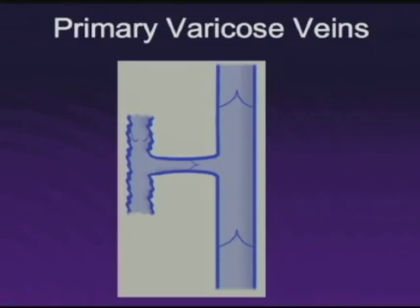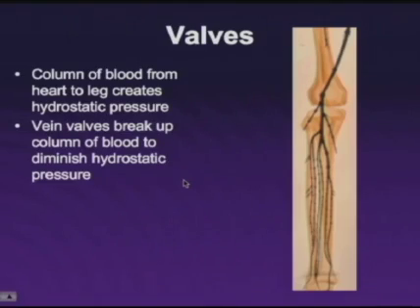Varicose veins are veins that are dilated and start to lose their function. As we can see in this image, in this varicose vein the valves are separated and therefore reflux freely, whereas in the perforating vein or the deep veins, the valves are competent. And so this is primary varicose veins.